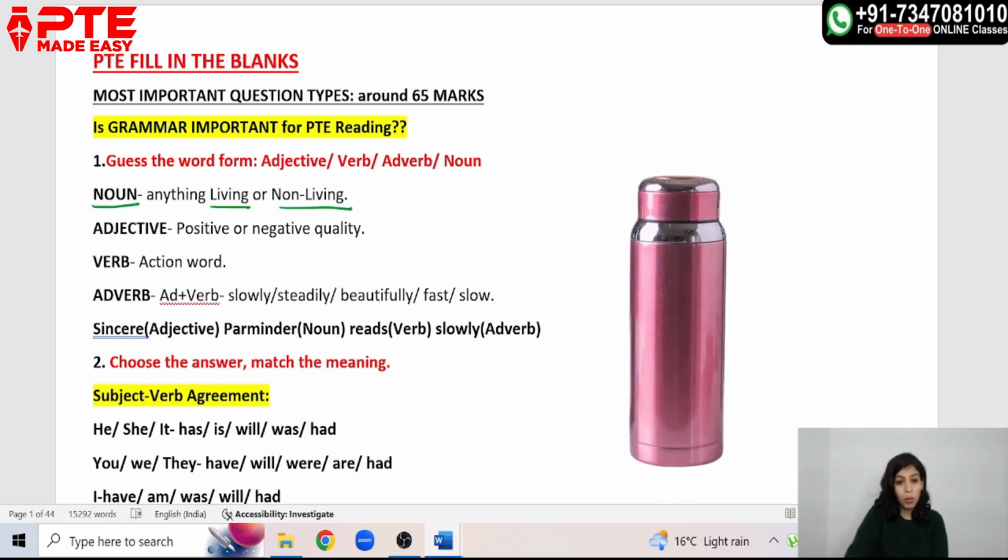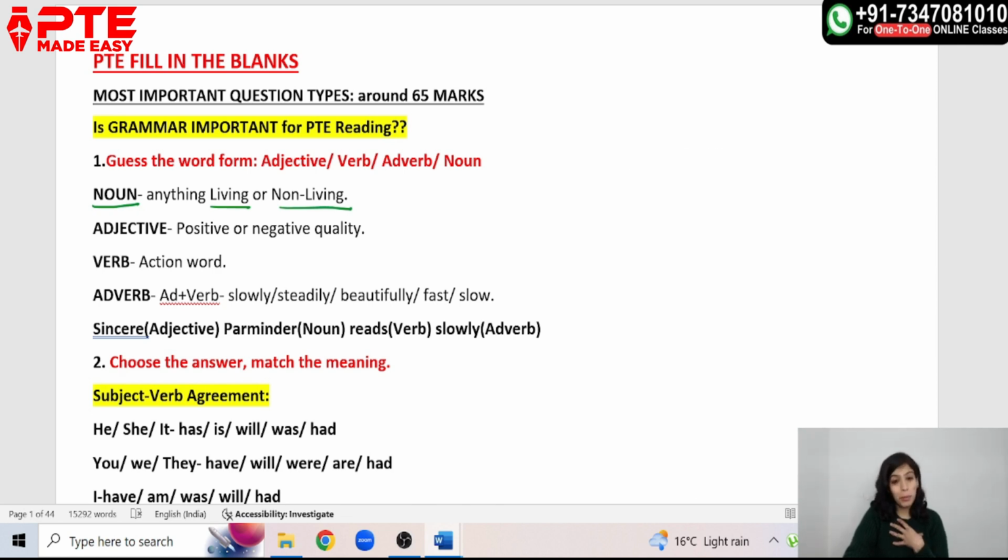Flask is a noun, non-living. Here, Sonam is a noun, living. My other colleagues in the office, they are also nouns, living beings. So anything, be it living or non-living, is a noun. Be it a mouse, laptop, tab, pen, every other thing you are going to see is a noun.